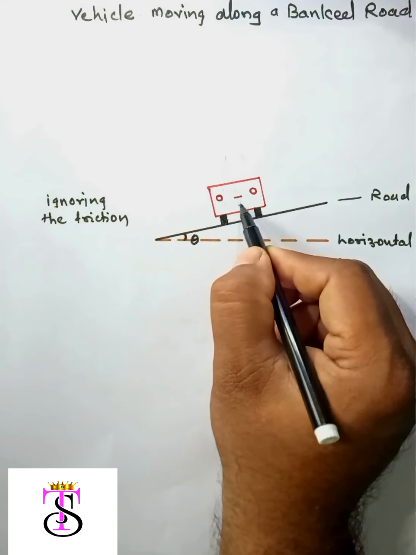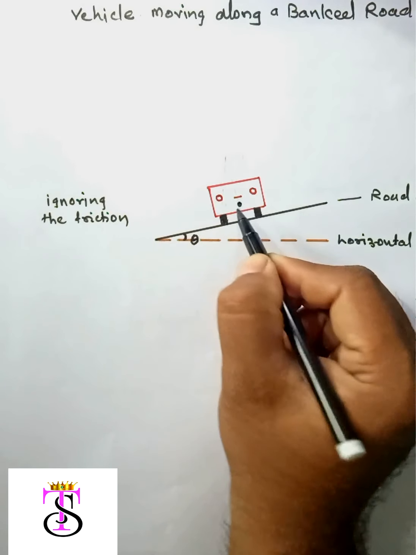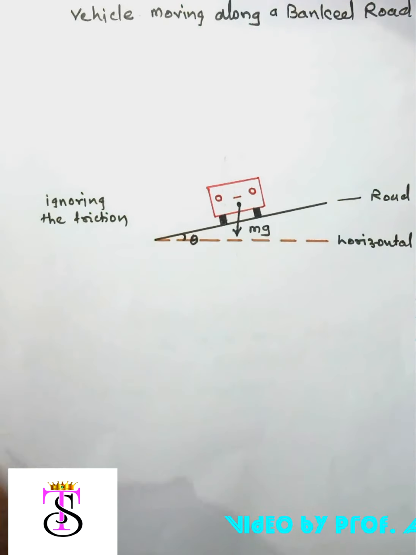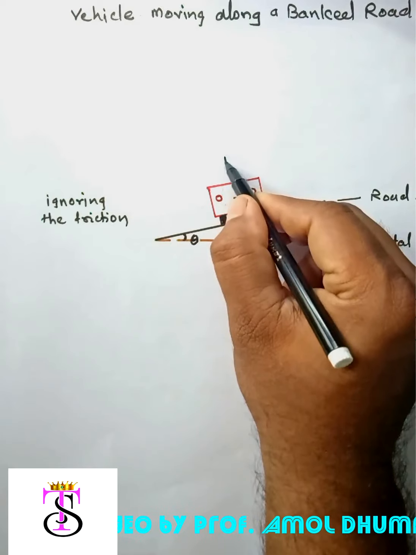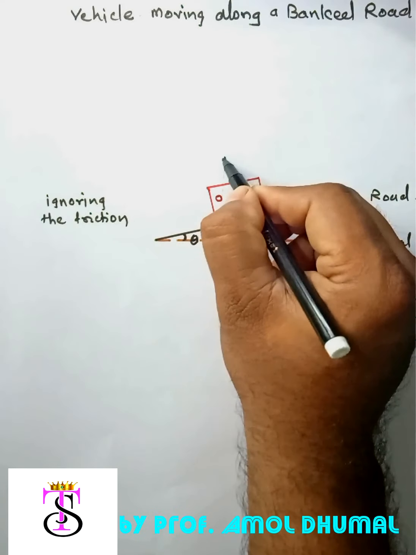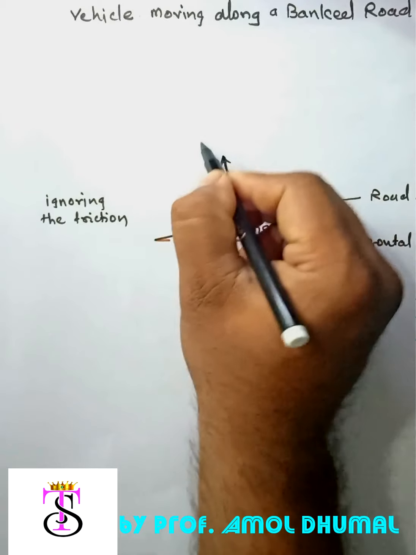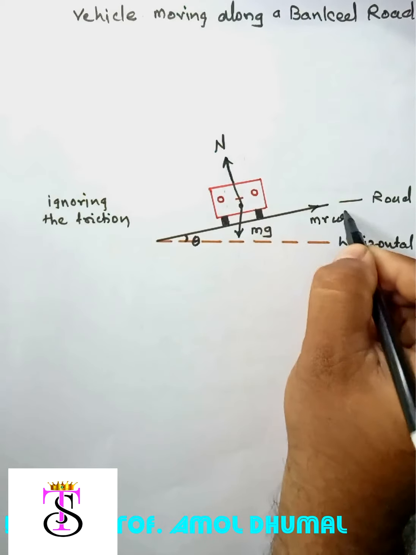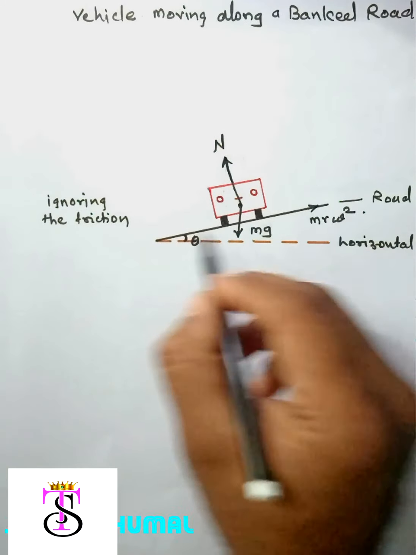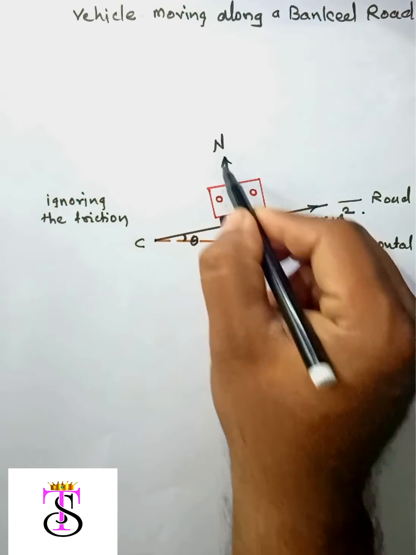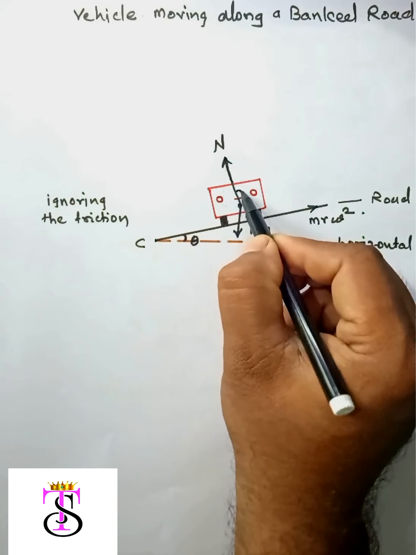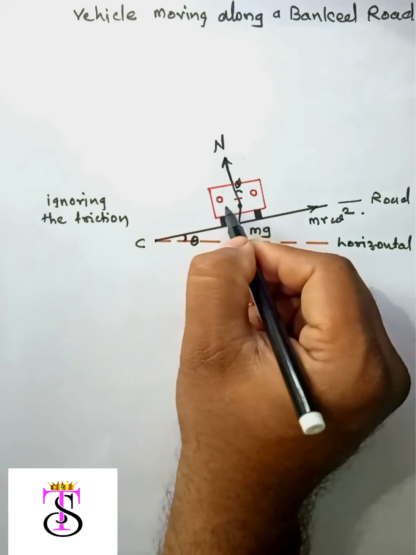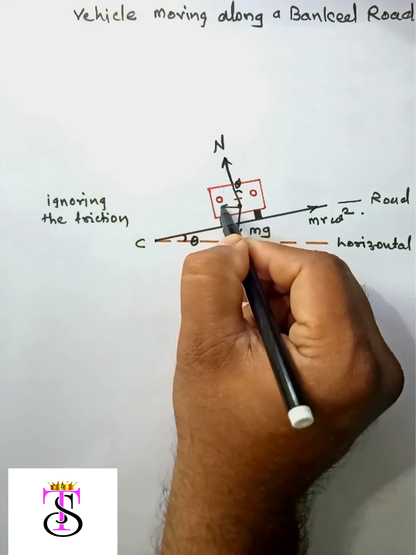The forces acting on the vehicle body are first, the weight of the vehicle mg, the normal reaction perpendicular to the road surface, n, and the centrifugal force m r omega square away from the center. This normal reaction is inclined with the vertical at an angle of theta. So we can resolve this into two components.